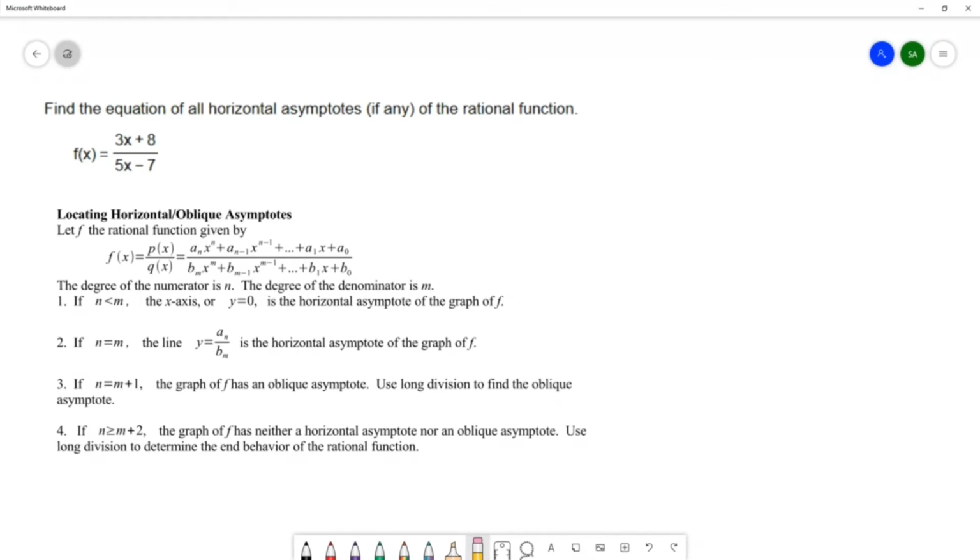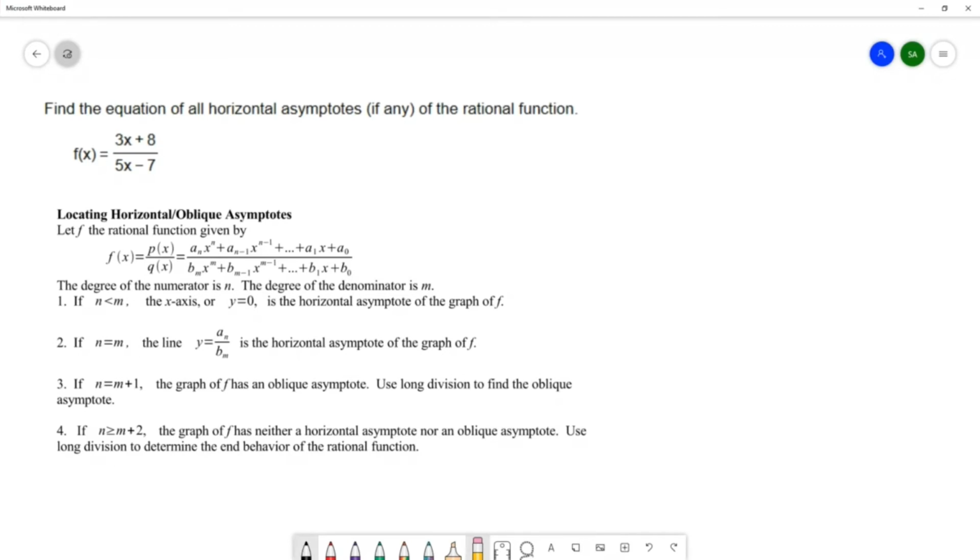Those rules involve looking at the degree of the numerator, n, and the degree of the denominator, m. We're going to compare n and m to figure out which of these cases we are dealing with for our particular rational function. Once we figure out which case, we have a description of what the horizontal asymptote is like for that case.